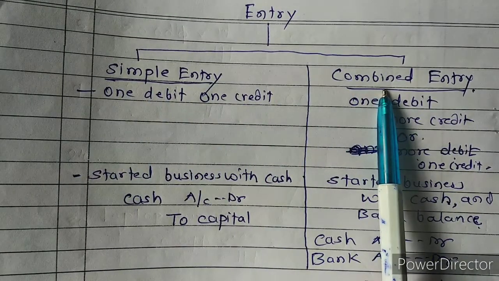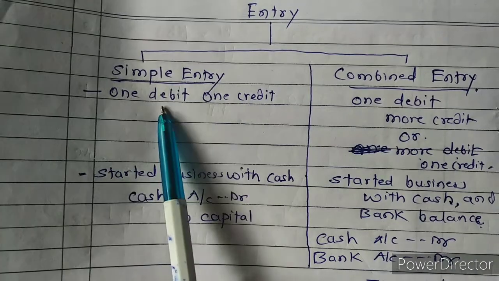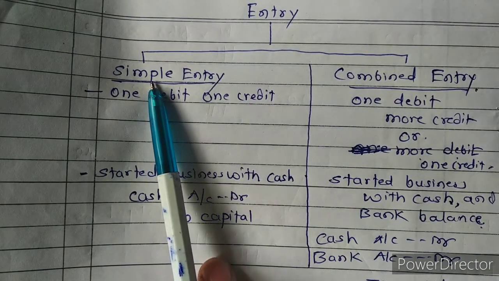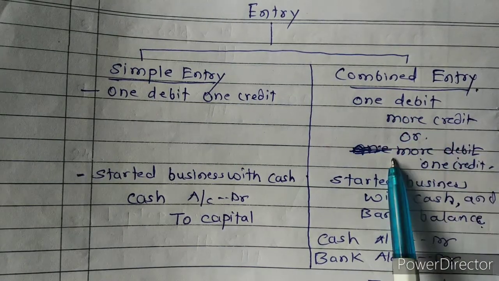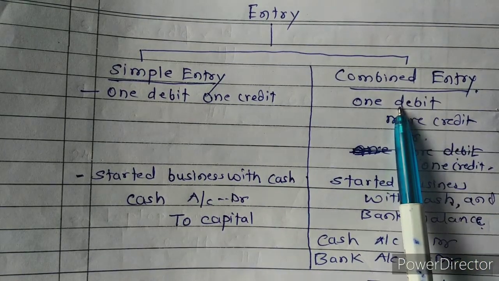When one debit and one credit is there, that entry is called a simple entry, and one debit, more credit, or more debit, one credit is there, that entry is called a combined entry.